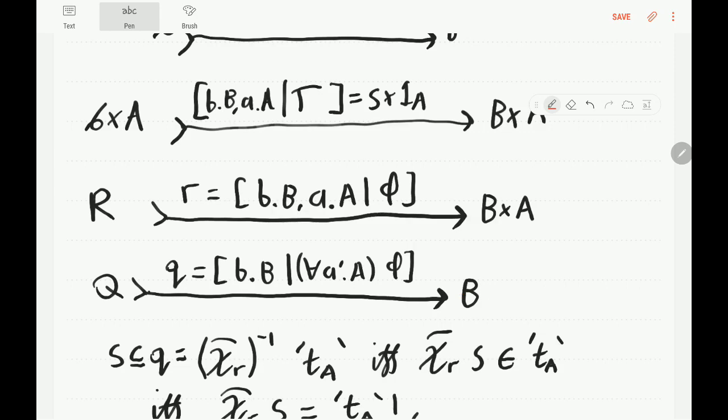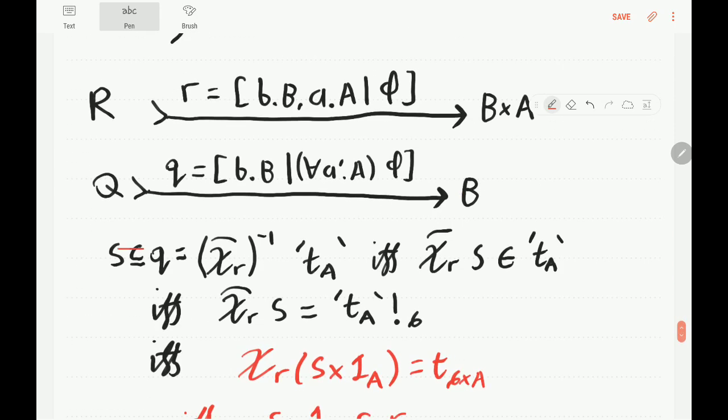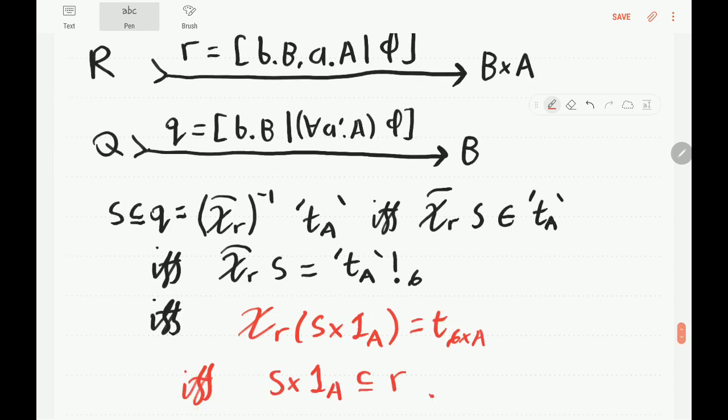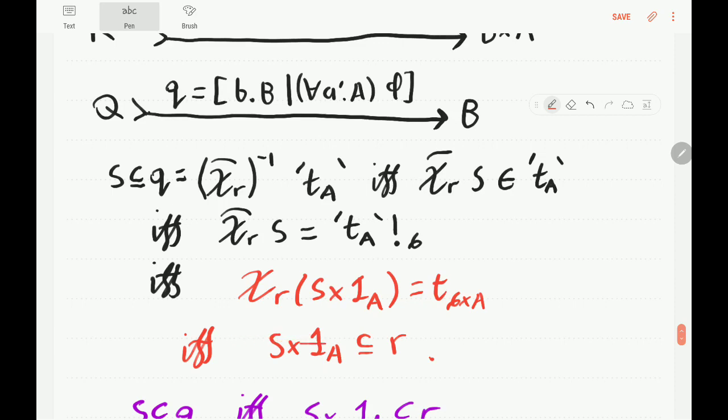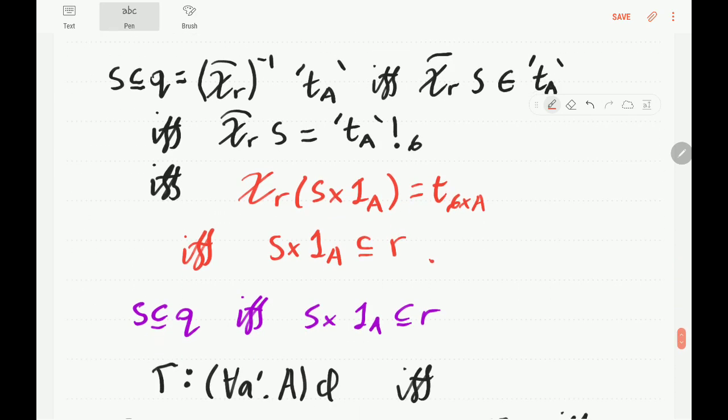Now let's remember our reasoning. We had that S is in Q if and only if chi R S times 1a is T zeta times A if and only if S times 1a is in R. So what's this mean?